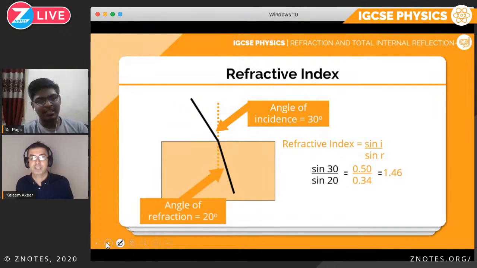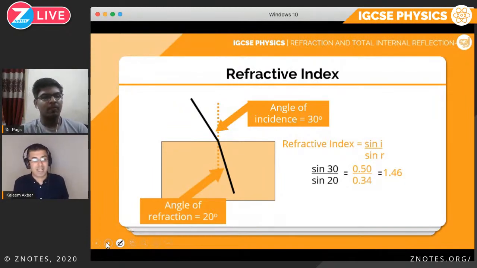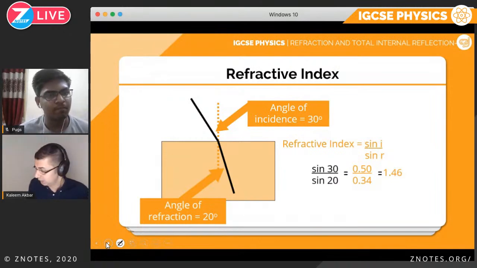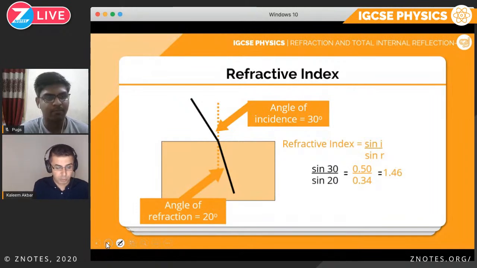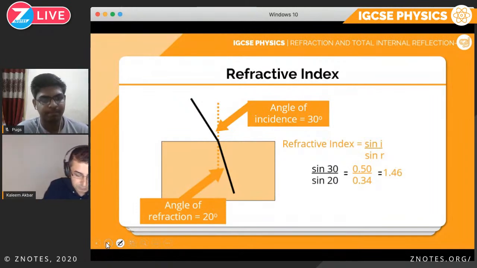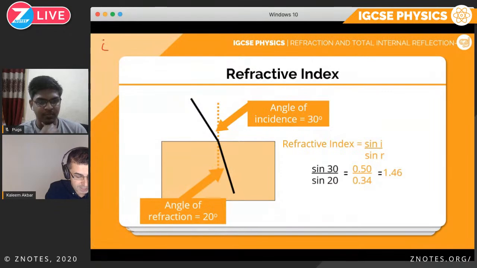And the other horrendous mistake is, what happens if you're asked to find an angle? Now, let me do this for you. Let's pretend we are finding the angle of refraction. We know it's already 20, but let's pretend we've got I, which we've been told is 30.